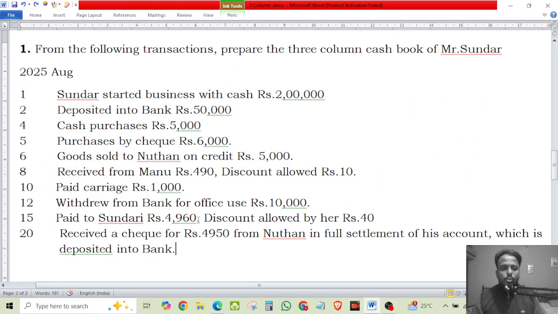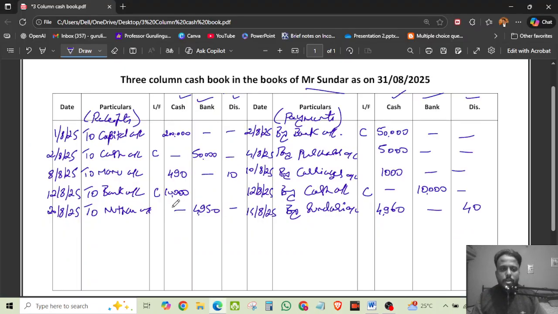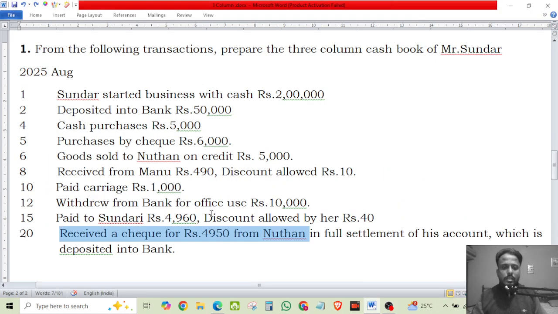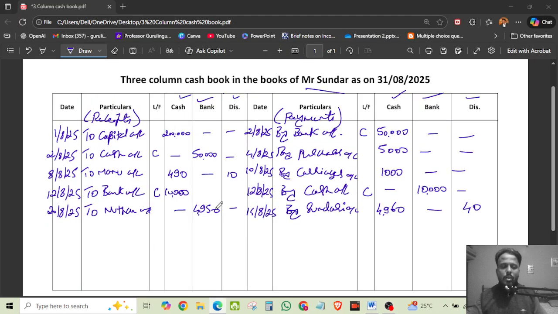If only a check is received from Nutan, with no further continuity in the question, you are supposed to mention that amount in the cash column, because we will assume the check is deposited on some other day. Because the check is deposited on the same day, we mention that amount in the bank column.